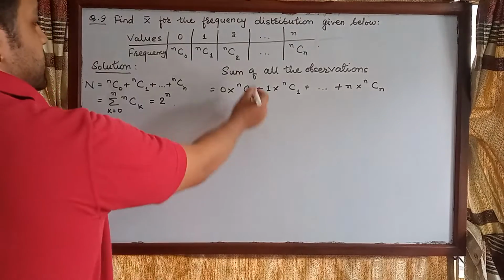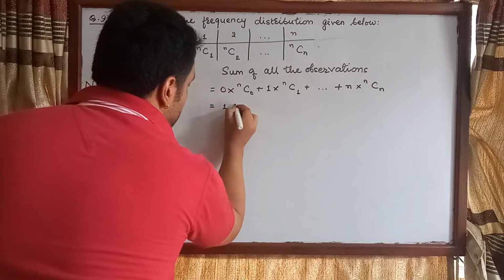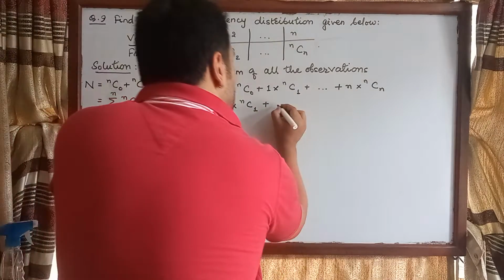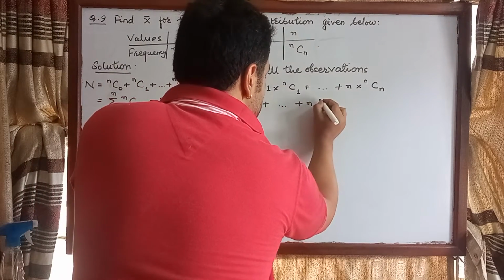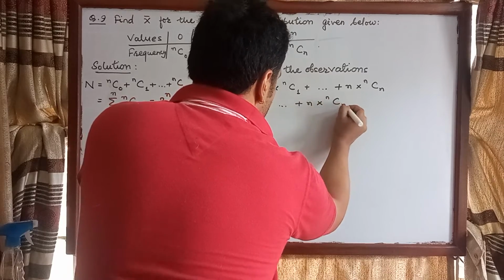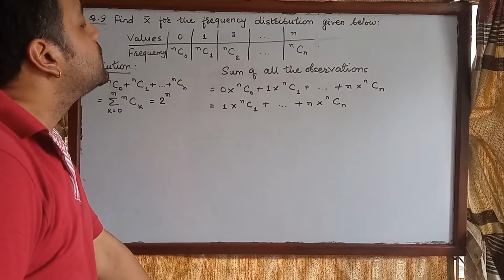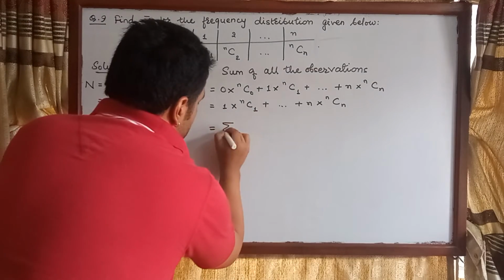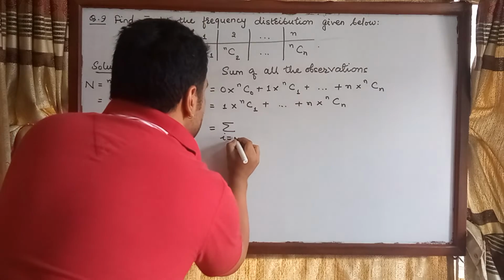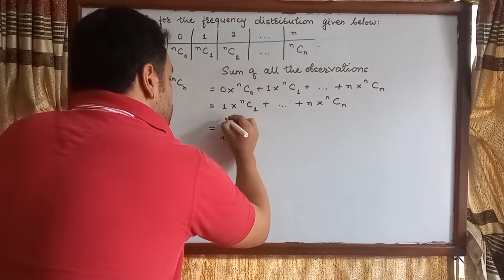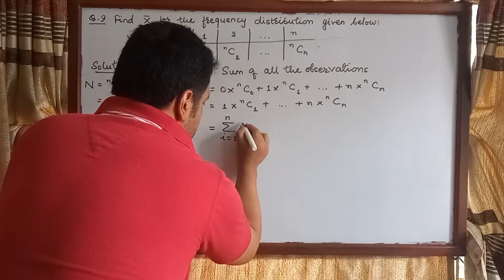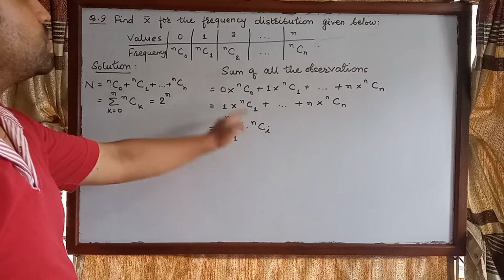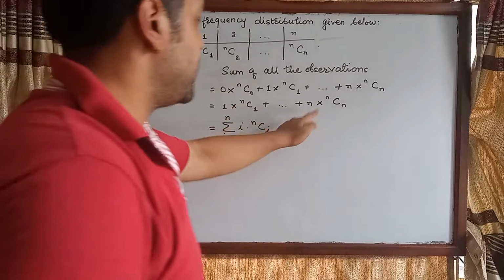Okay, so the first term is 0, so we don't need it. 1 times nC1 plus all the way up to n times nCn. So we can write this in sigma notation as summation i is equal to 1 to n of i times nCi. 1 times nC1, 2 times nC2, all the way up to n times nCn.